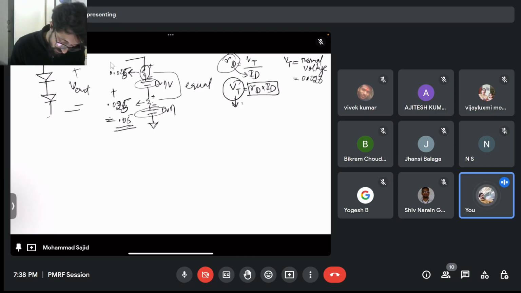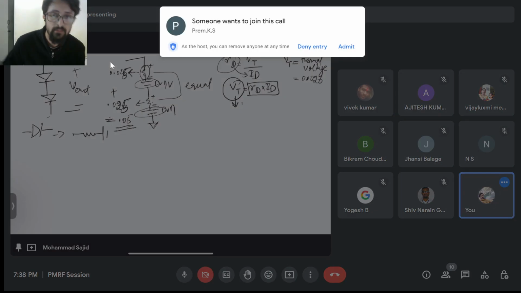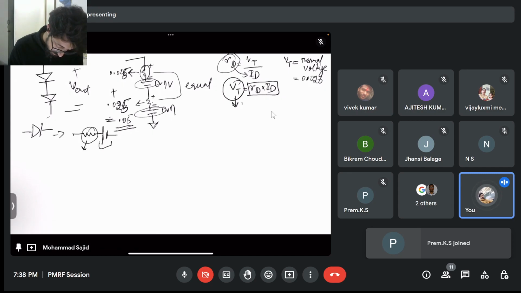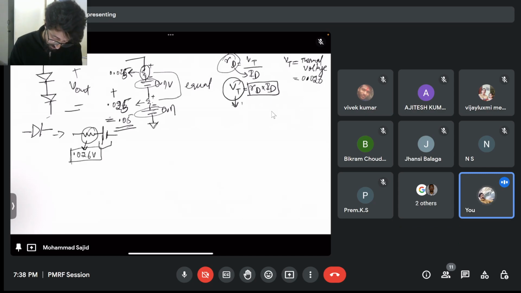Right? So just remember that if you have a diode, you replace it with a resistor and you replace it with a battery. This will be given to you, the cut-in voltage, and remember that the voltage drop across the resistor is equivalent to the thermal voltage to get your answers.